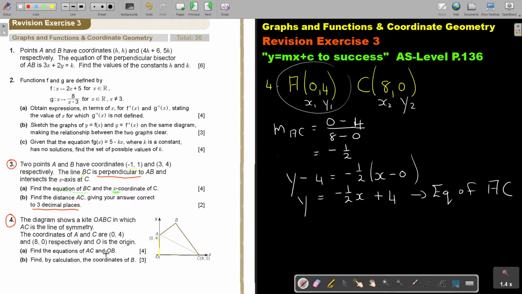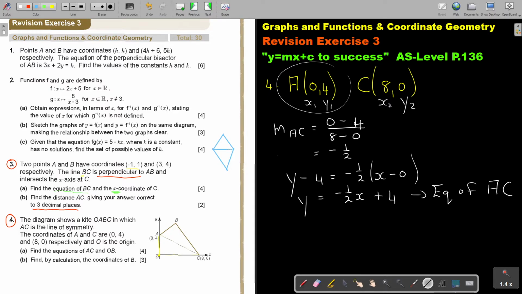Then I'm going to find the equation of OB. Now, OB, I can do it in any way. I have to work with the fact that this is perpendicular, because I don't have the point B. First I'm going to draw a normal kite, because sometimes if it's a little bit on its side, you may struggle to see.